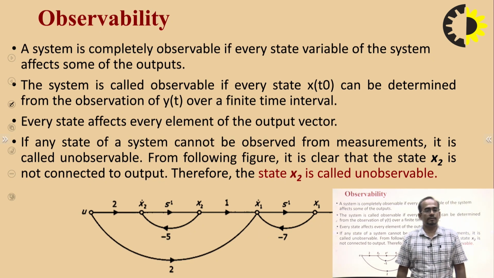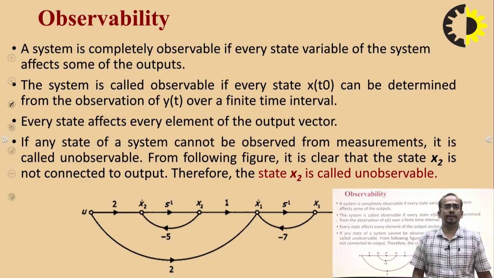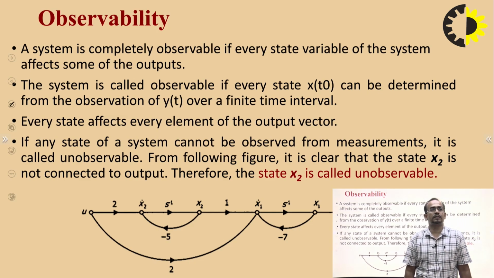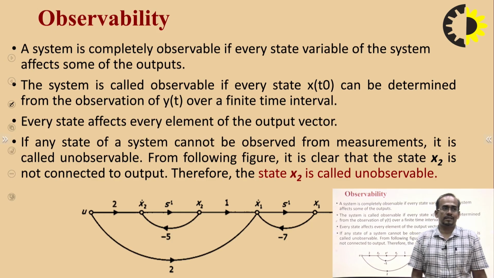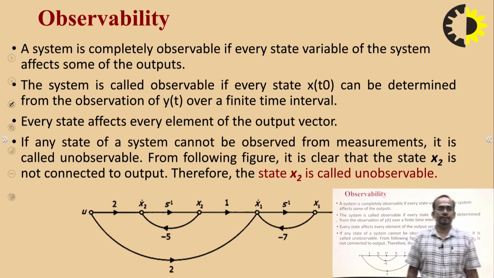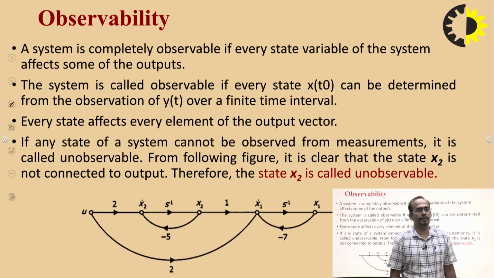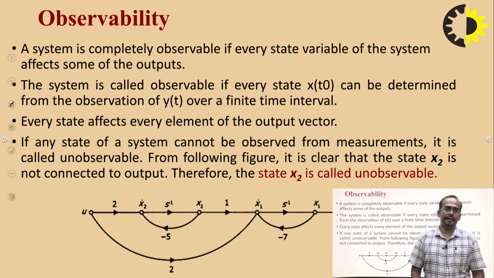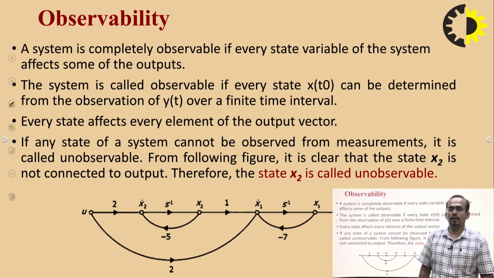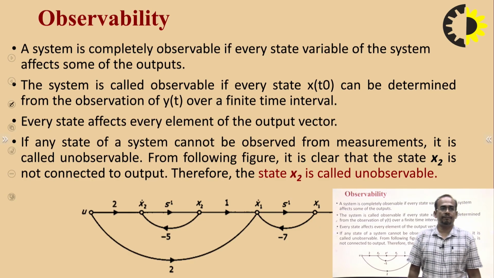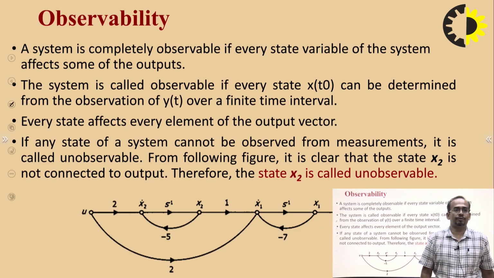Now coming to the observability. A system is completely observable if every state variable of the system affects some of the output. The system is called observable if every state x(t0) can be determined from the observation of y(t) over a finite time interval. Every state affects every element of the output vector.